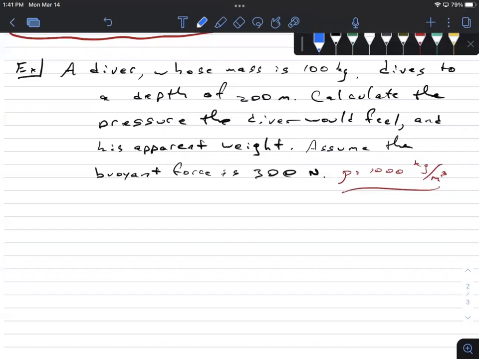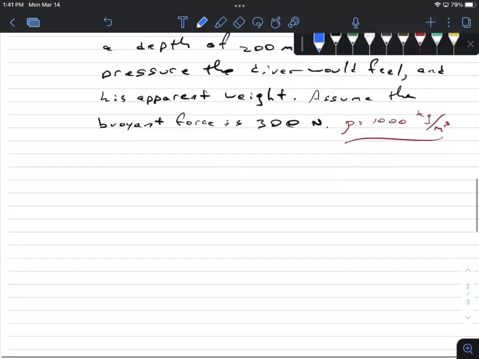I want to know what kind of pressure he would expect. And the reason, of course, is we want to make sure it's not too deep to kill him. And if it is too deep, then we want to make sure we outfit the diver with special equipment to allow him to survive big depths. And then, of course, we want to know how heavy this diver would feel if we were to weigh him while he's at this depth.